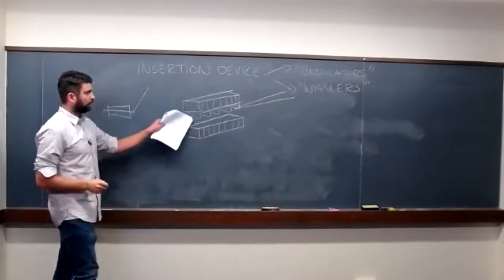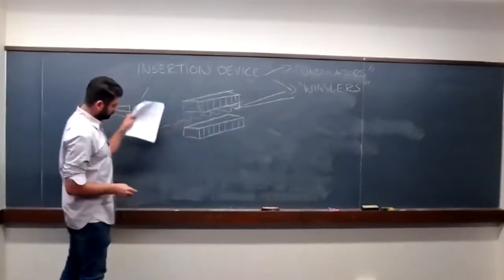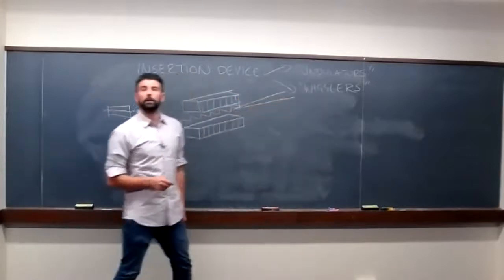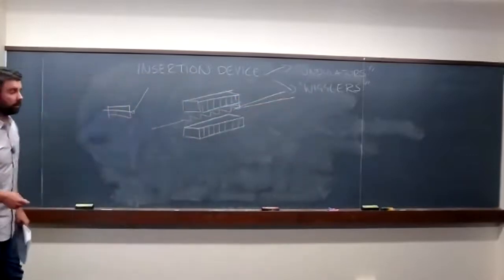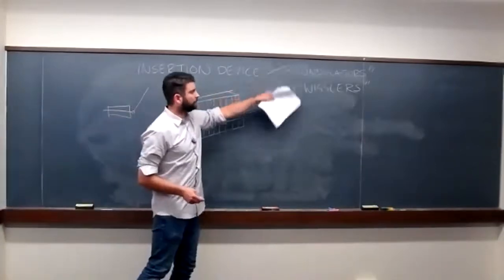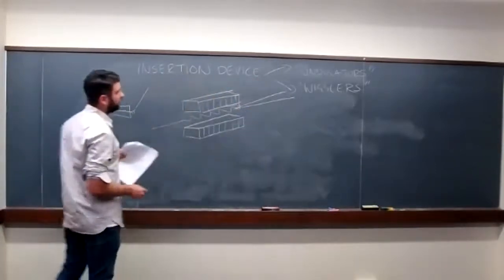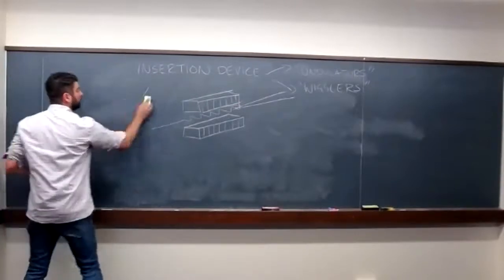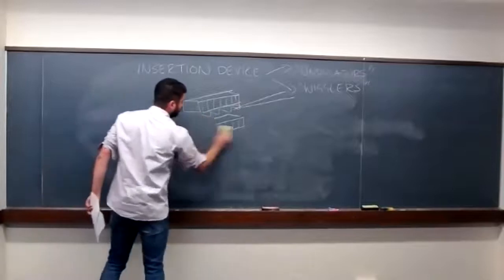You can see here that the insertion device is causing the electrons to undulate and wiggle inside, so that's where the name comes from. There are differences between the two, which I'm not going to get into today. So what's special about these beams?